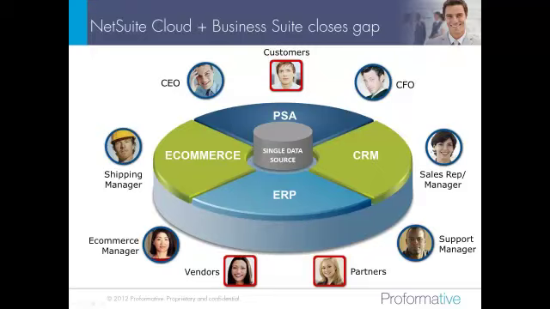Gotcha. Okay. Earlier you mentioned that there were 1,000+ applications, suite apps, I think you called them, built on top of the platform. How does that work? Well, essentially, we have partners that have identified areas that they specialize in.